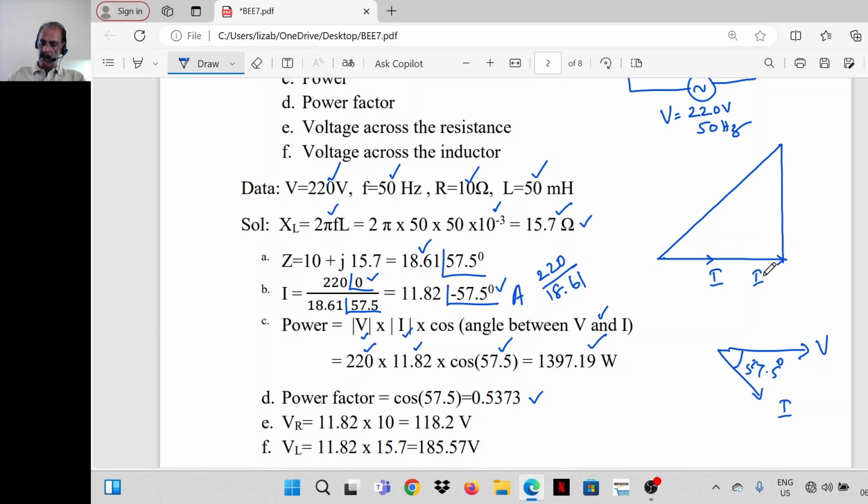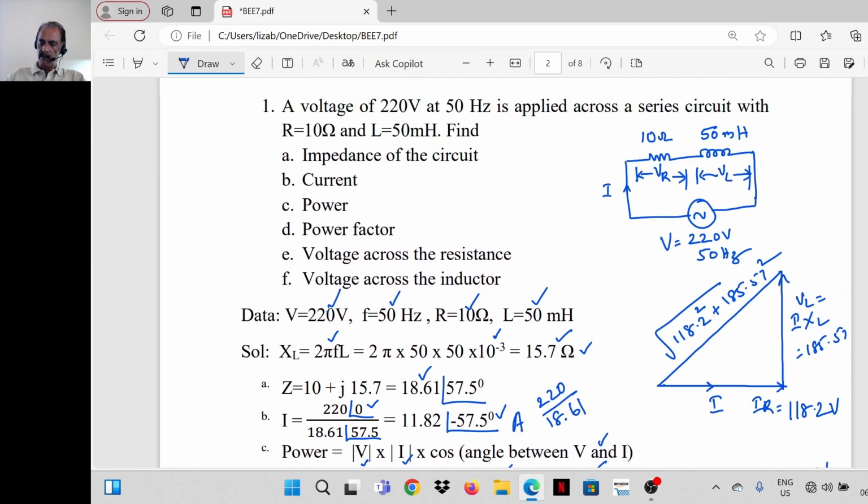This quantity is I into R, which is 118.2 volts, in phase with I. This is I into XL, which is VL, equal to 185.57 volts. So V is the square root of 118.2 squared plus 185.57 squared. The voltage we already know is 220.